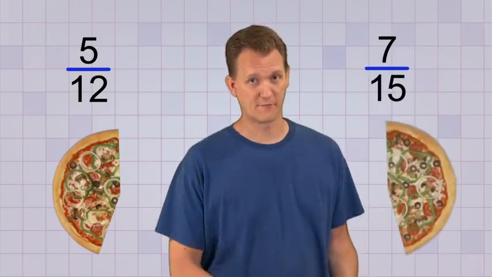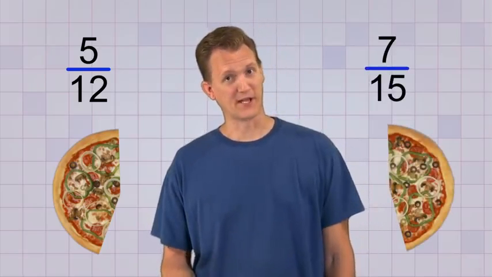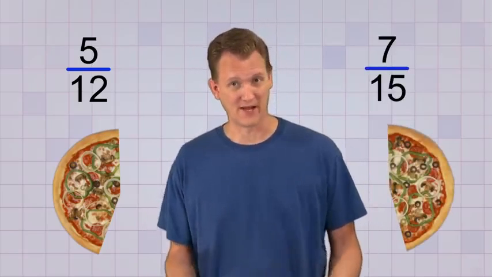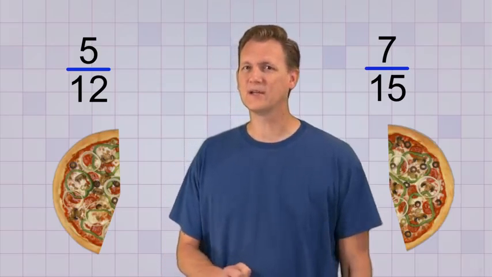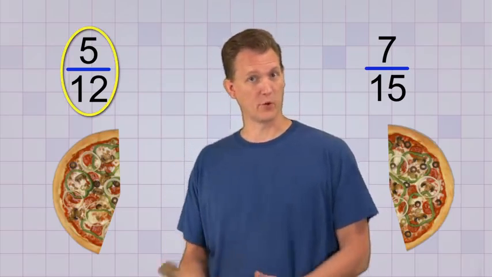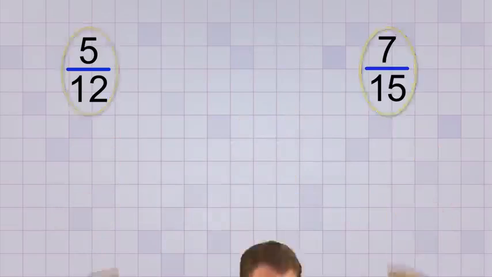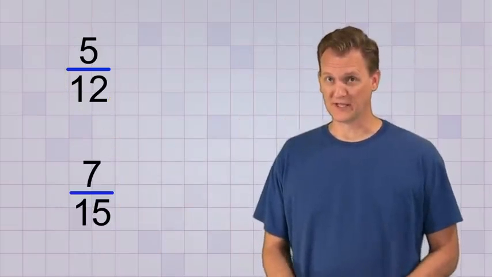For example, let's say I offered to give you either 5/12 of a pizza or 7/15 of a pizza. Now you happen to be really hungry, so you want to choose the biggest amount. But it's not very easy to tell just by looking which is bigger. 5/12, or 7/15. This is where decimal values can really help you out.